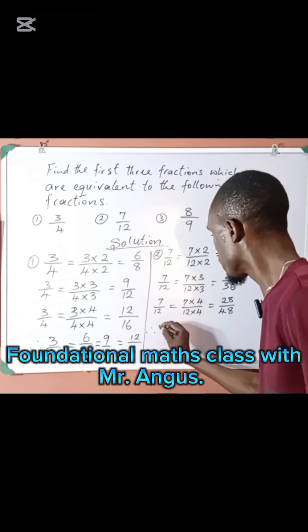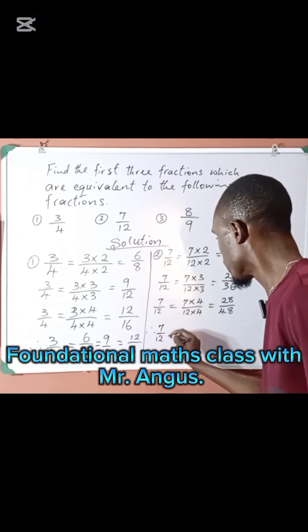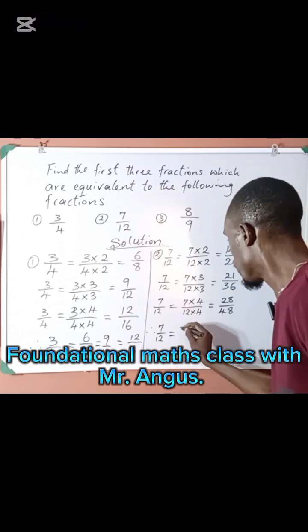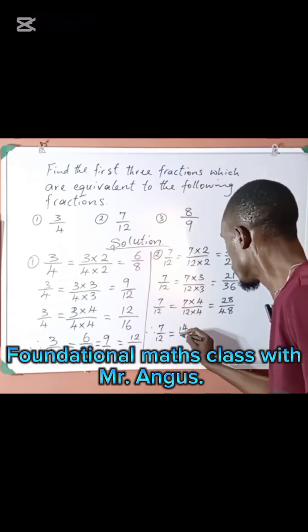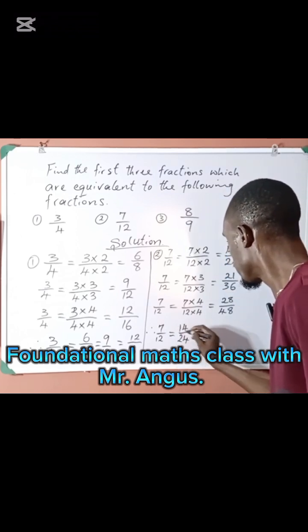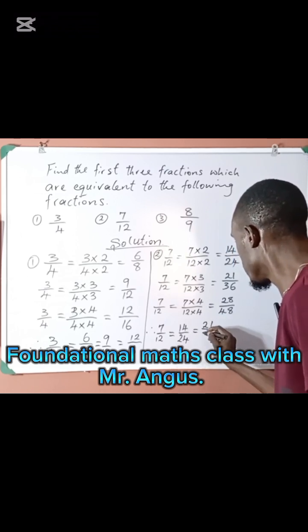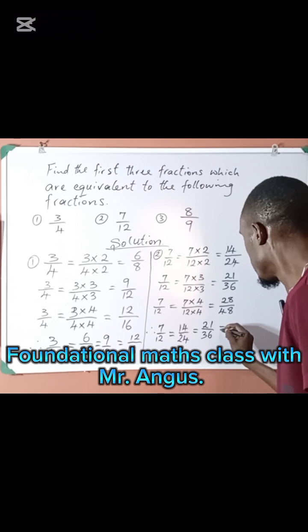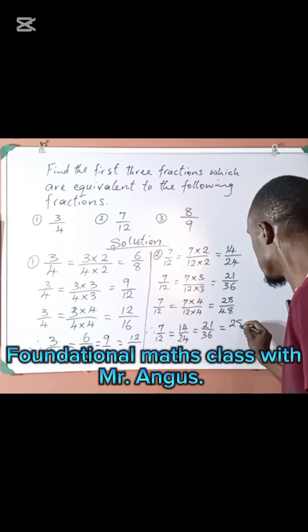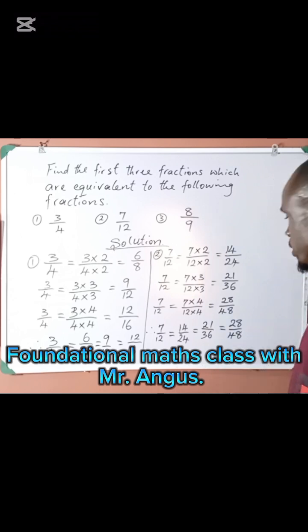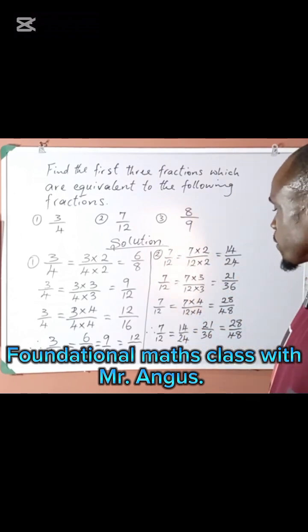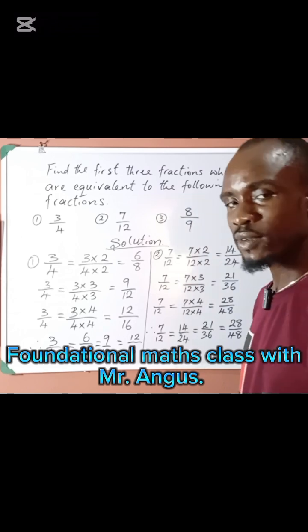Therefore, the first three equivalent fractions here are 14 over 24, which is equal to 21 over 36, and is also equal to 28 all over 48. Therefore, these are the three equivalent fractions which are the same thing as 7 over 12.